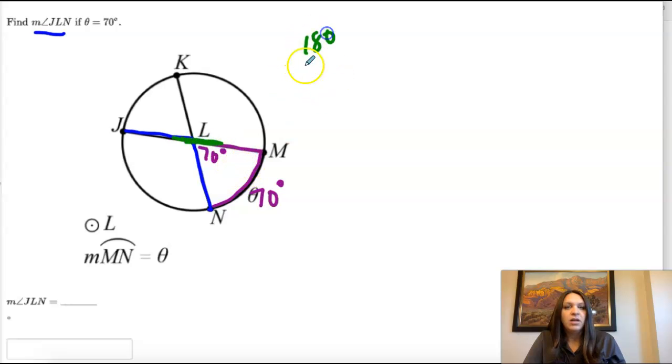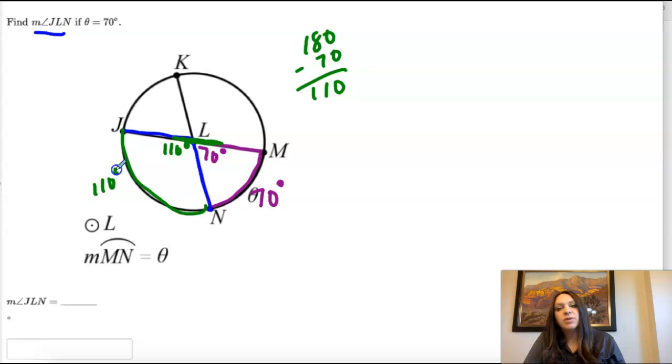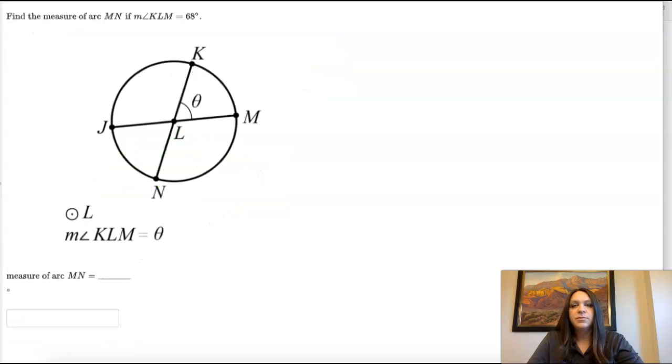So 180 minus 70 is 110. So this is 110 degrees, which means the arc length is 110 degrees as well. So 110. And I think we just get a couple like that over and over.